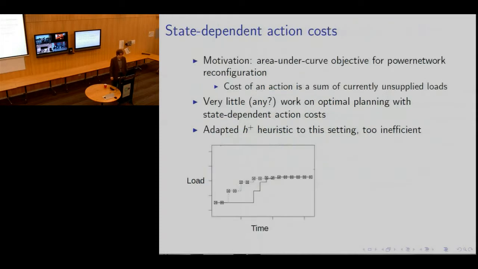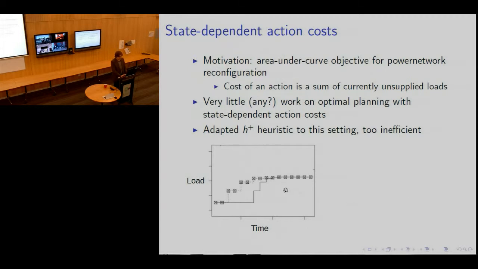So this is a bit different, but initially with the power network experiments, we made the cost of actions constant and equal. And the only objective that we were minimizing is therefore the plan length. However, with the power network problems, a more meaningful objective might be minimizing the area under the curve.